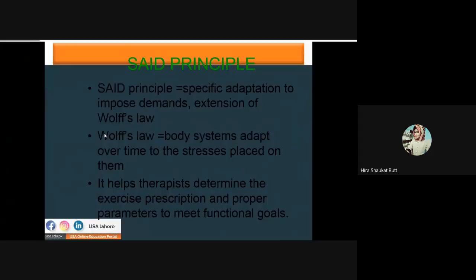So it helps therapists determine the exercise prescription and proper parameters to meet functional goals.